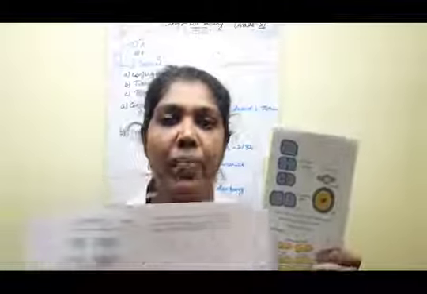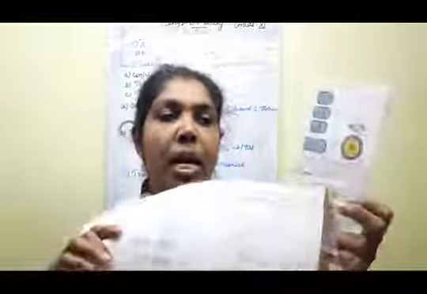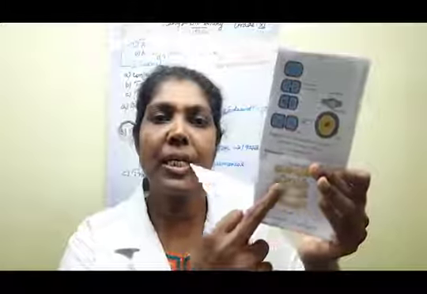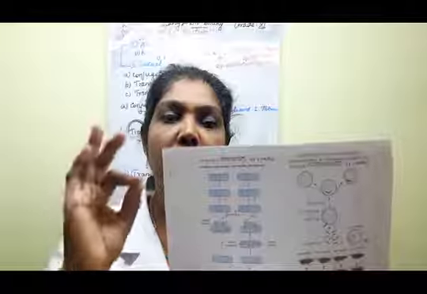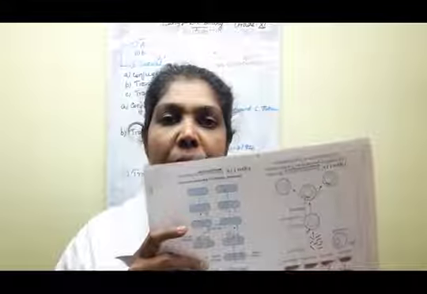And then, on each page, draw the 3 methods of sexual reproduction in bacteria. First is conjugation, second is transformation, third is transduction. Each page should have one diagram, so 3 pages are needed. Clear? Have you understood, children?